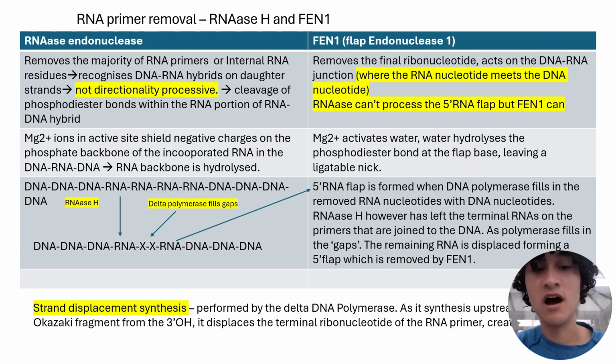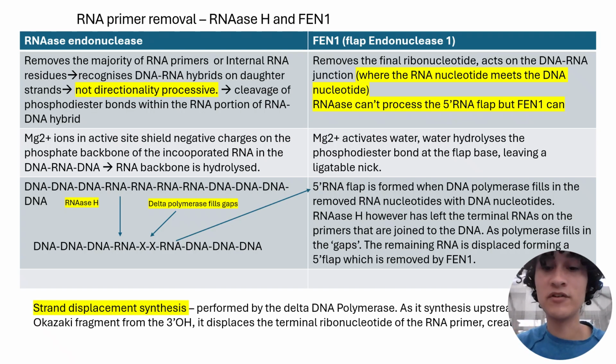We've got the RNA, RNA, RNA, RNA, that's our RNA primer. So RNase H will remove the internal ribonucleotides. So it will remove those two RNAs in the middle, okay, and that will give us DNA, DNA, DNA, RNA, X, X, RNA, DNA, DNA, DNA. The X, not to confuse anybody, just means there's nothing there now, so we've removed those two RNA primers.